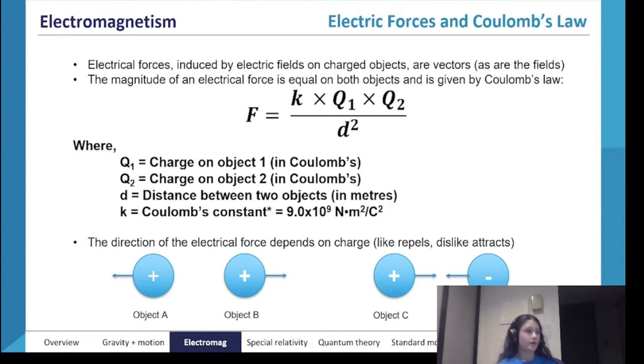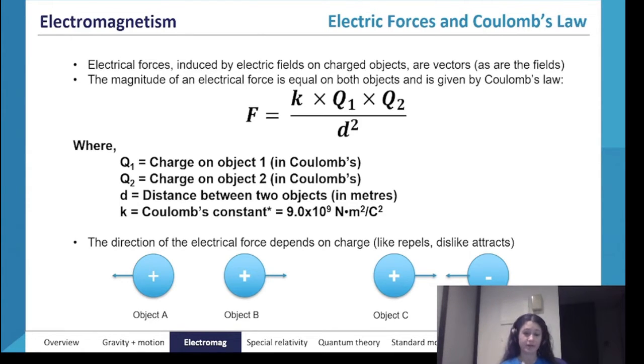So remember, electrostatics involves charged particles which create an electric field and influence one another due to their charges. The reason that we call these electrostatics is because the charges are staying stationary. Electric, stationary, electrostatics.